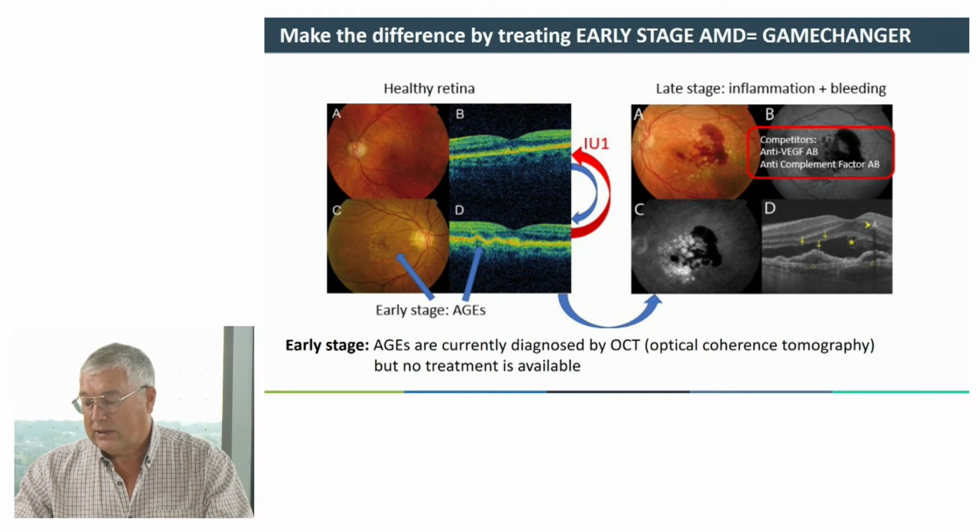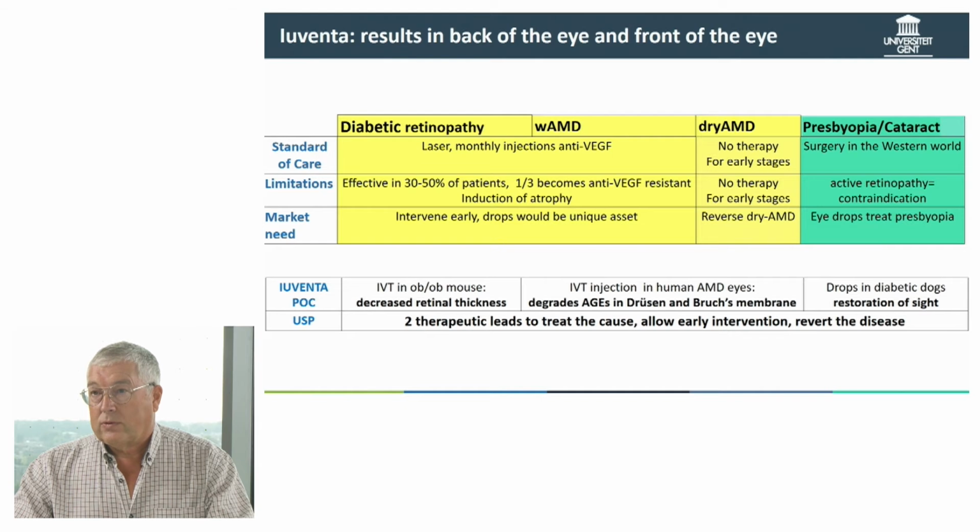So to look at the back of the eye diseases first, diabetic retinopathy and wet AMD are typically treated by anti-VEGF injections. But this is only effective in some of the patients, and 1/3 of them become anti-VEGF resistant, and you see also induction of atrophy. So a market need will be to intervene early, and being able to treat with drops would be a unique asset.